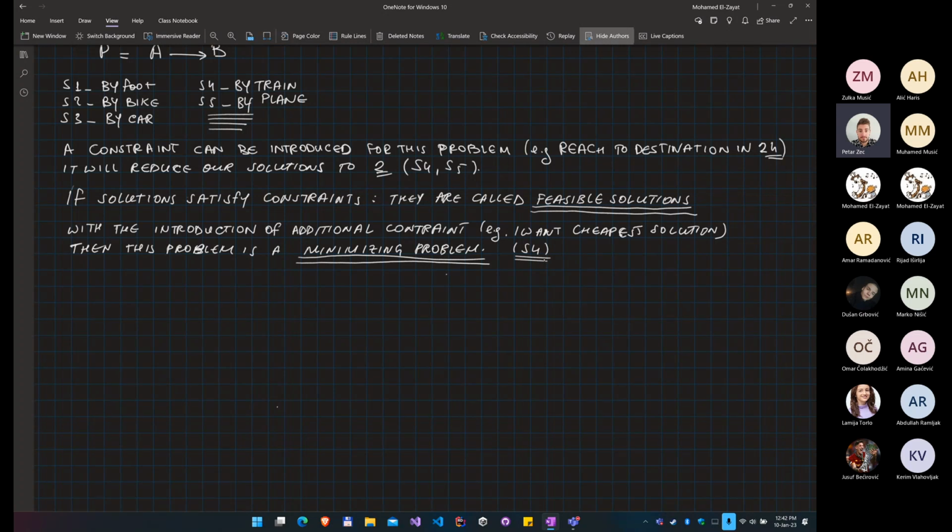Okay, so a solution that satisfies all constraints is called an optimal solution.